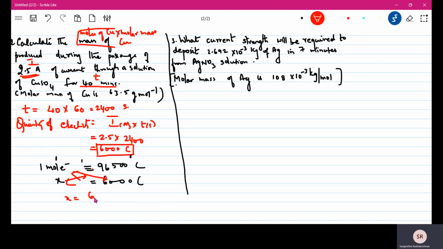So X is equal to 6000 into 1 by 96,500, which is equal to 0.0622 mole electron. Got it? How it is done? Now you know how many mole electron. Then we will write the half reaction.